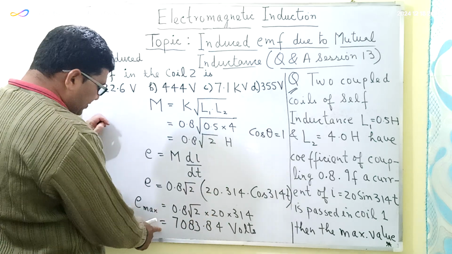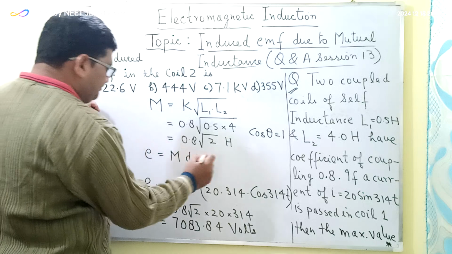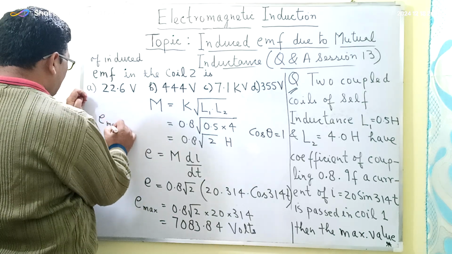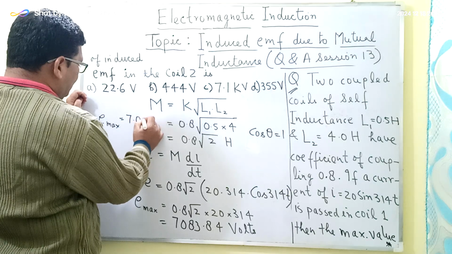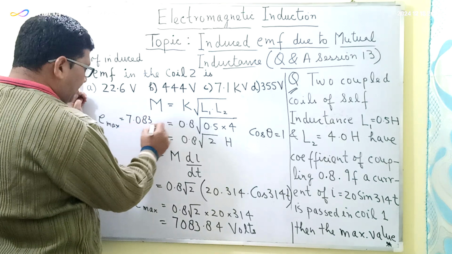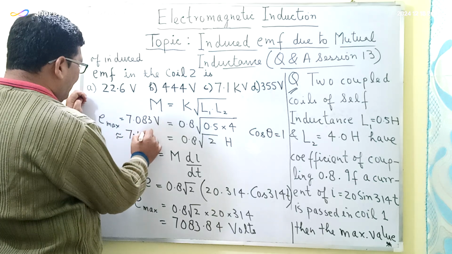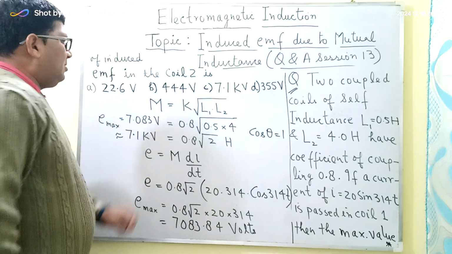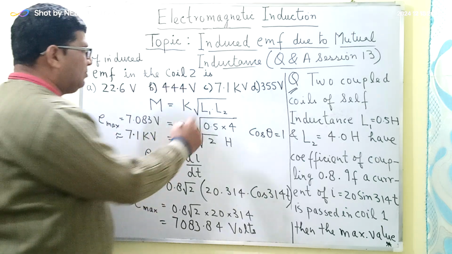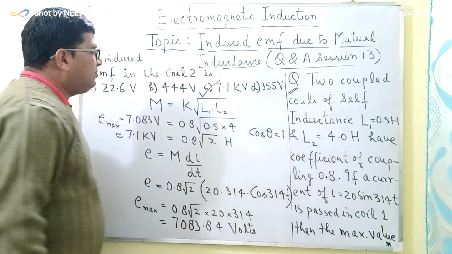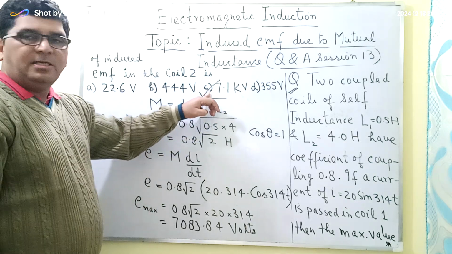If I convert this value into kilovolts, I will get the value of E maximum as 7.083 kilovolts, which is approximately equal to 7.1 kilovolts. So the maximum value of the induced EMF in the coil will be equal to 7.1 kilovolt, and this is the approximate value. So the correct option here will be C.